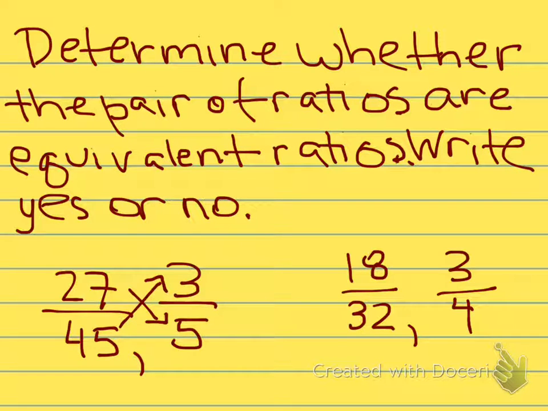And 27 times 5 is 135. And we want to see whether 45 times 3 is also 135. And it is. So since one side equals the other when you cross multiply, this would be yes, they are equivalent.